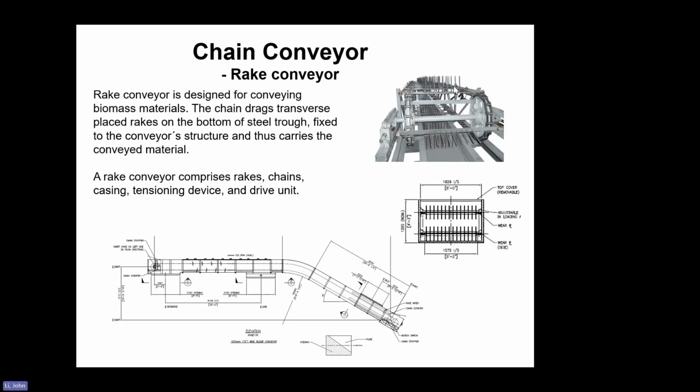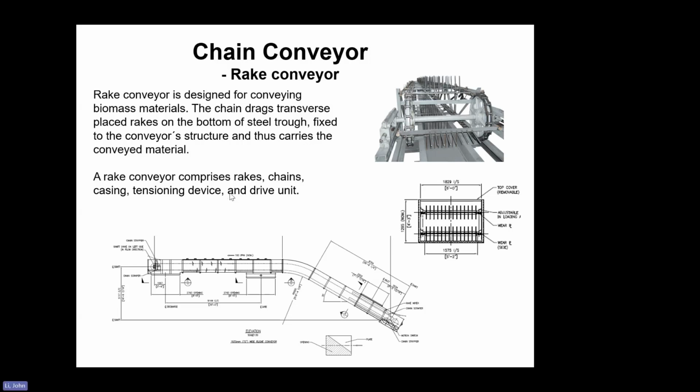You can see the rake has lots of bars welded on a cross angle or pipe. So the rake conveyor is designed to convey biomass materials. The chain drags the rake along the bottom of the steel trough, fixed to the conveyor structure, and that carries the conveyed materials.